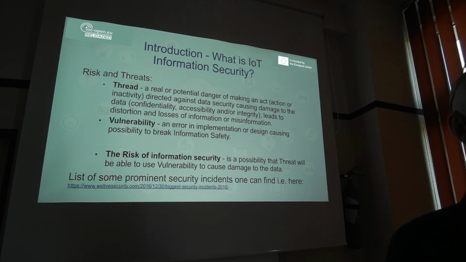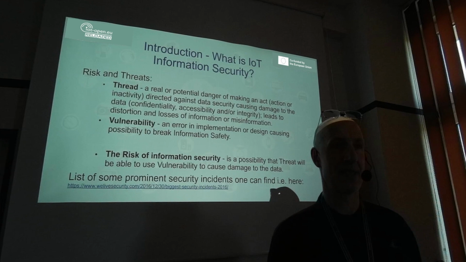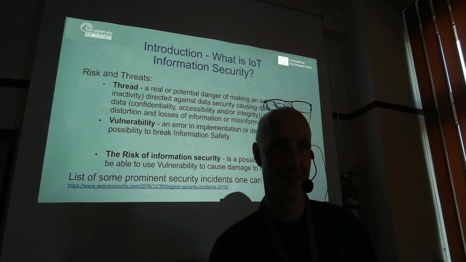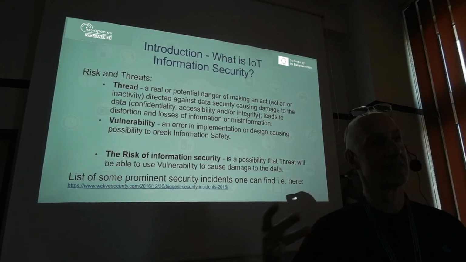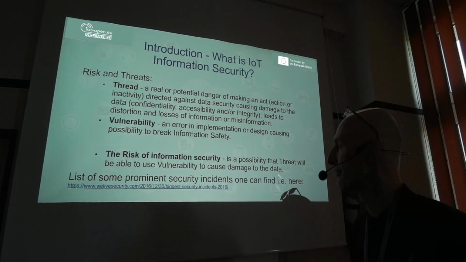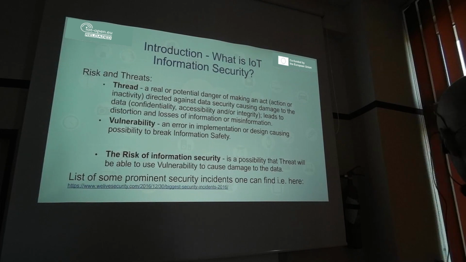Just a possibility is not enough. I bet that there are thousands or even billions of vulnerabilities that have never been discovered. When there comes a threat, then this is the potential problem with the security of the information. You can find a list of IoT security incidents in this list there.